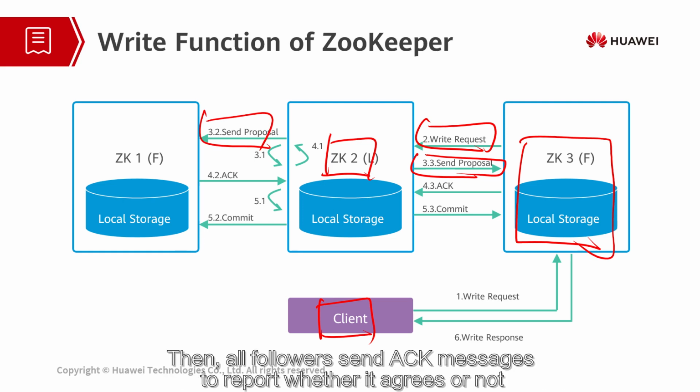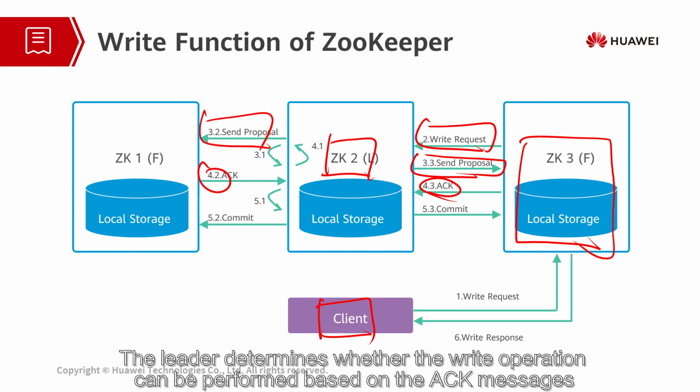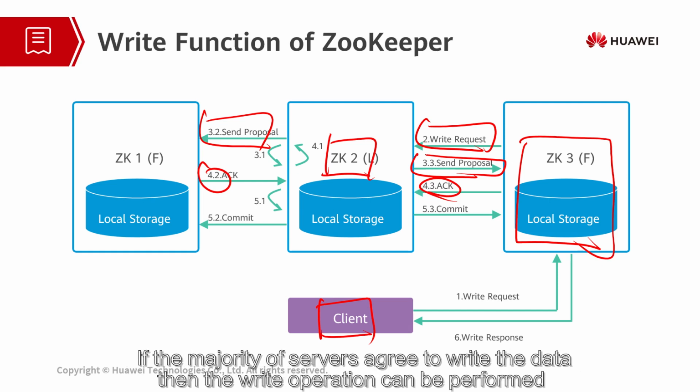Then, all followers send ACK messages to report whether they agree or not. The leader determines whether the write operation can be performed based on the ACK messages. If the majority of the servers agree to write the data, then the write operation can be performed.